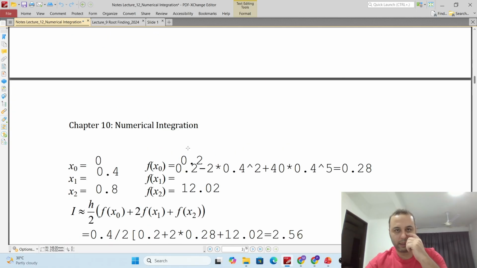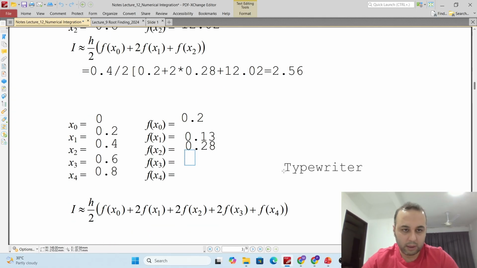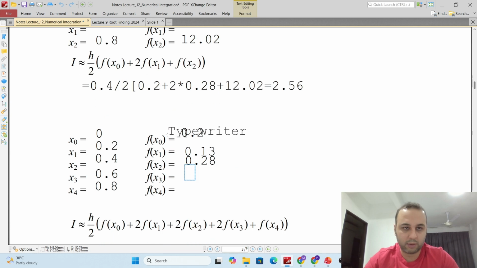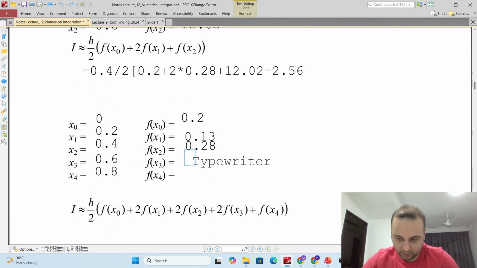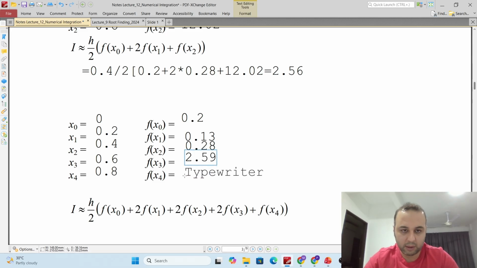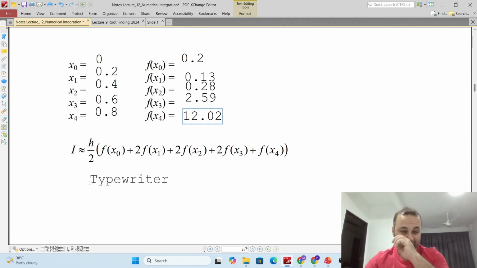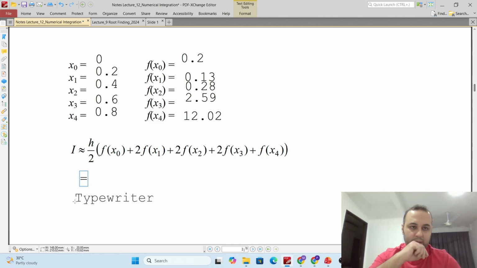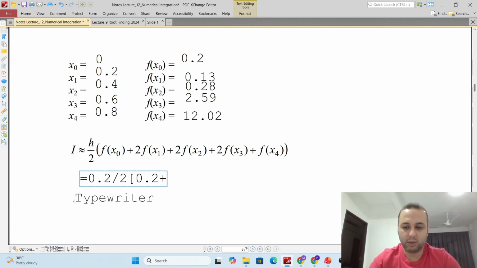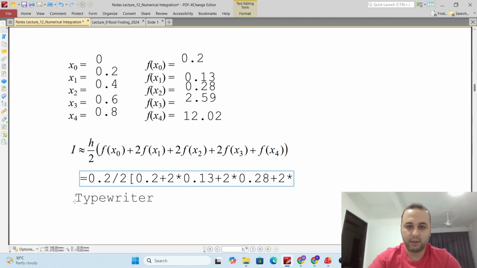If we substitute the same way as I did for you, this time substituting 0.6, it will be 3.464, and the last one will be 0.232. Here this time h is 0.2, right, over 2, and substitute all: 0.2 plus 2 times 1.288 plus 2 times 2.456 plus 2 times 3.464 plus 0.232.